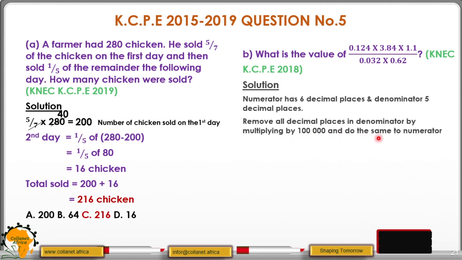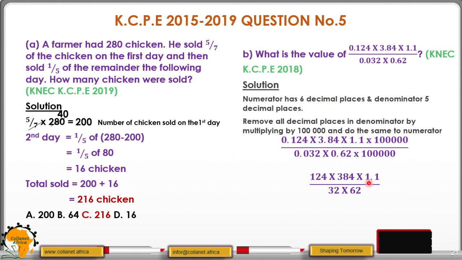And you do the same to the numerator. Therefore, you multiply by 100,000, you multiply by 100,000. In this case, it will remove all decimal places in the denominator, but it will not remove everything in the numerator because the numerator had 6 decimal places.